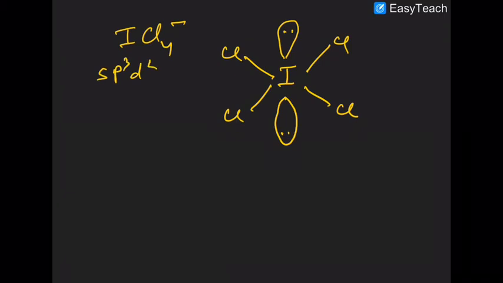These things must be kept in your mind, that ICl4 negative exists as sp3d2, but having 2 lone pairs. Are you okay with the situation now? Are you sure? So the answer is very much sure.